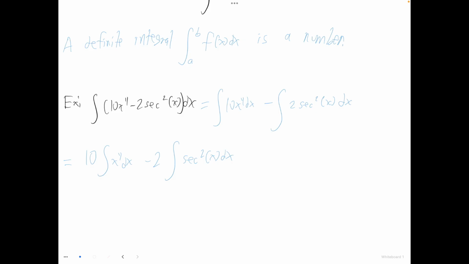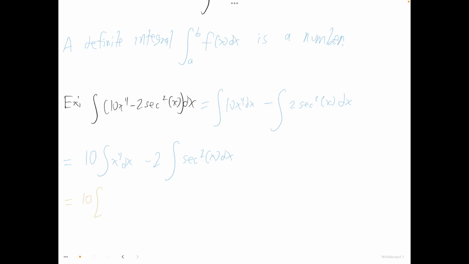Now, if you do not remember your antiderivatives for things, going back to that video might be helpful, as going forward, the rest of the lessons are going to use antiderivatives quite a bit. And so it's important to remember those.